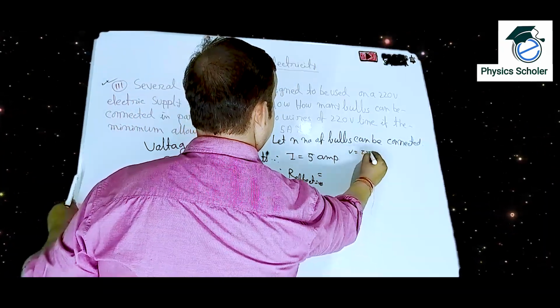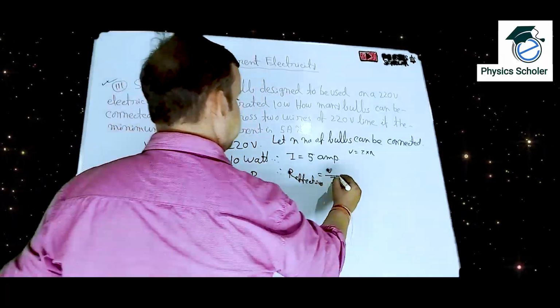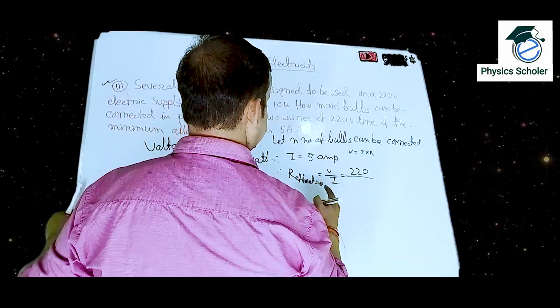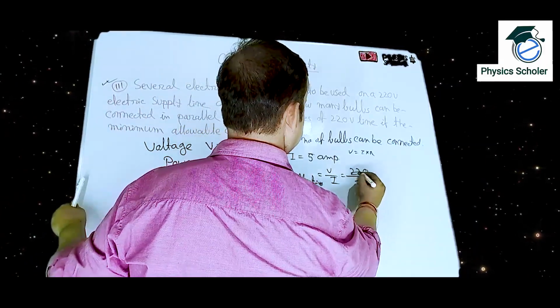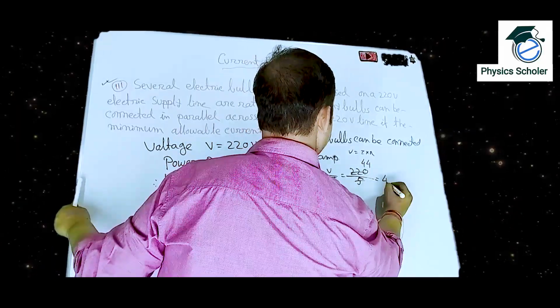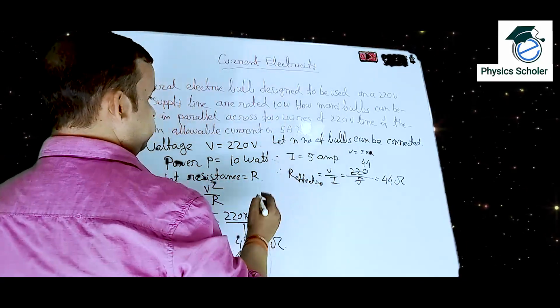V is equal to I into R. So R is equal to V by I. So what is V? 220 divided by I, means 5, is 44 ohms.